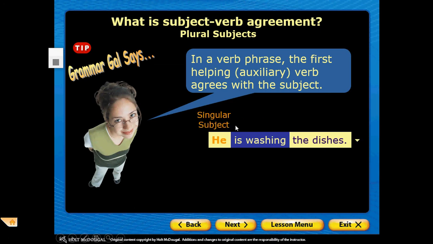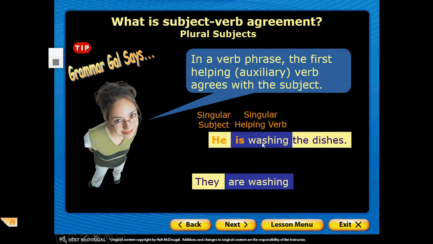So we have a singular subject, he, a pronoun. Then we go on to a singular helping verb, is, washing. So there are two verbs here, but we have a single helping verb, is.